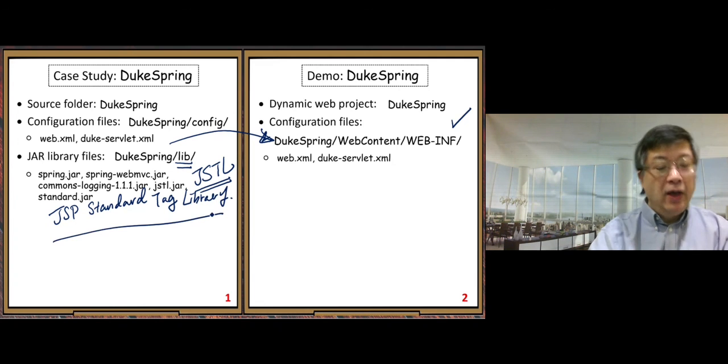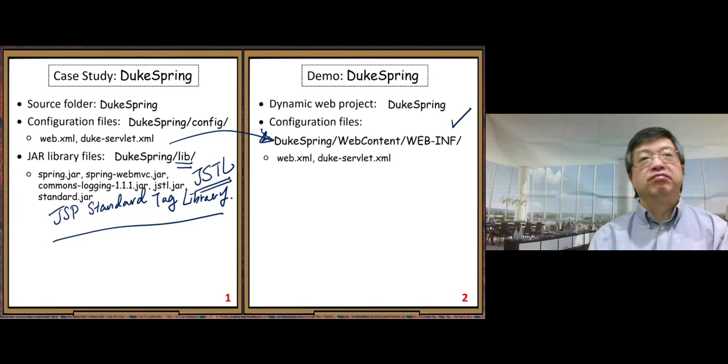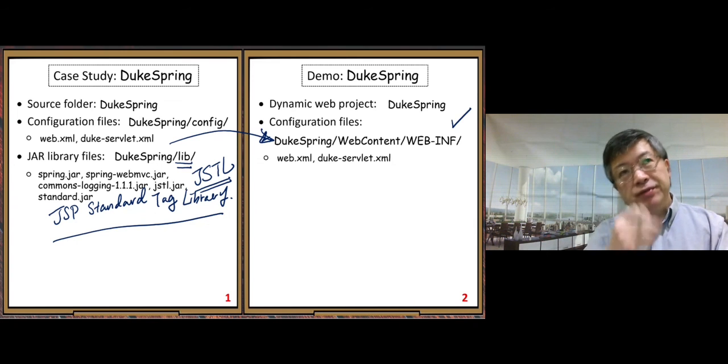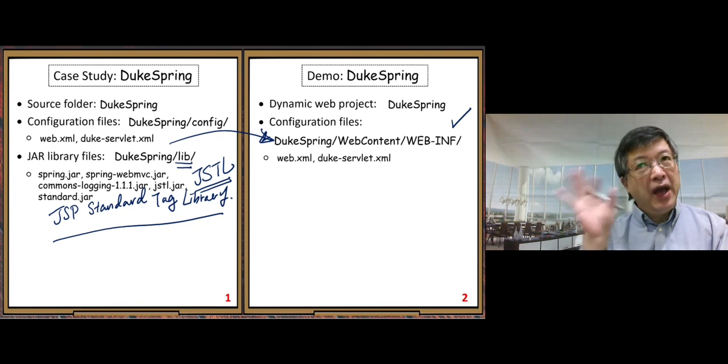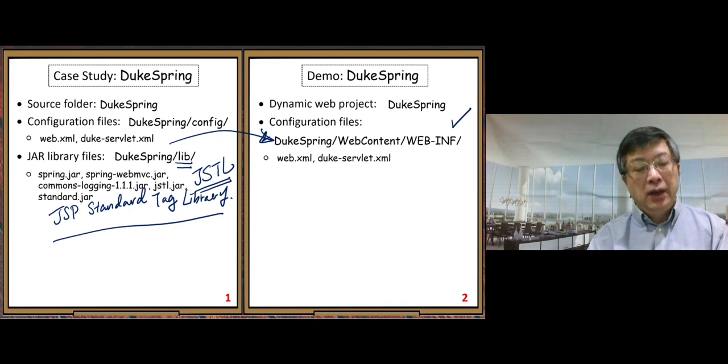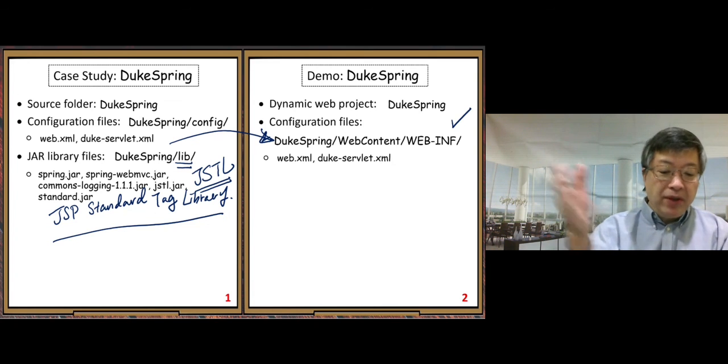Only one simple feature there, so we need this library. Then in the JSP code, you will see how we use that. I will explain that later. You just make the copy.